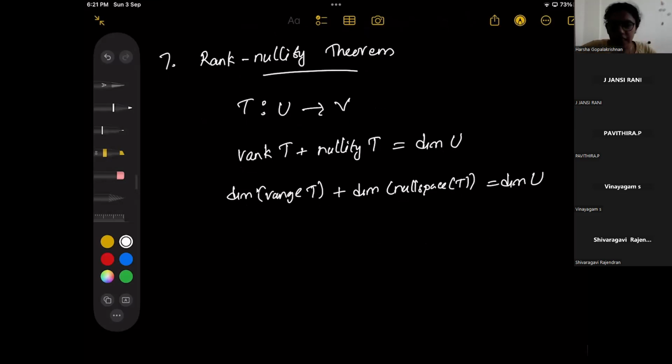And some more theorems also we have proved in the class. You can just go through the lectures. And what else we have studied in the last week is composition of linear transformations.